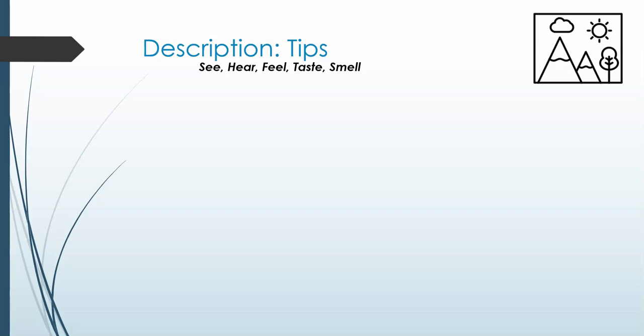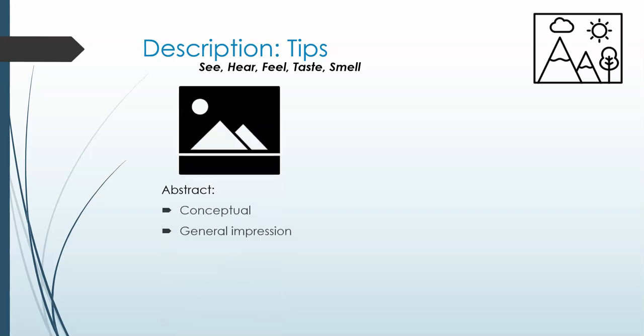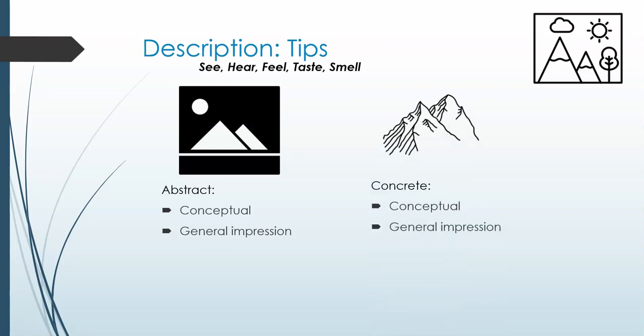There are many different detail types, a few of which are listed in your textbook, but I want to emphasize two in particular: abstract versus concrete. Abstract language is conceptual and is often based on ideas or concepts rather than facts. Abstract words give the reader a general impression, whereas concrete words, specific, descriptive words, help the reader to grasp the particulars.